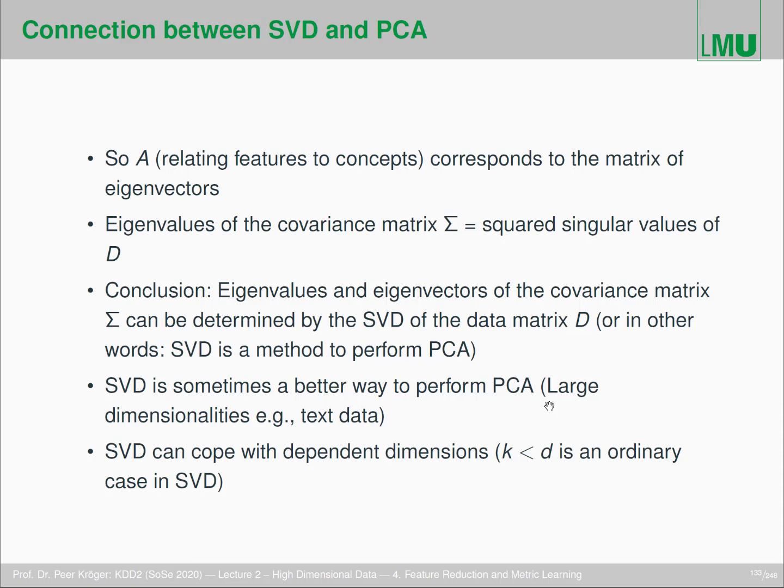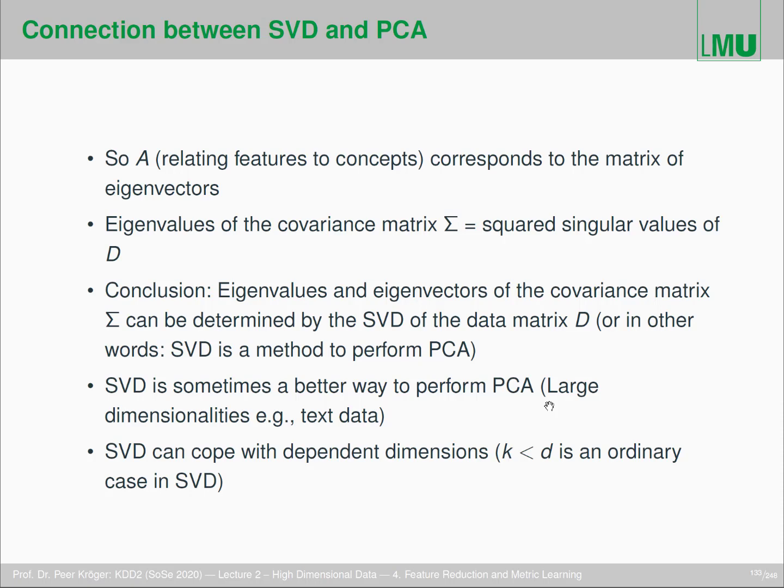For example, for text data with 10,000 or 20,000 dimensions, SVD is very often much more stable than PCA, because for PCA you have to compute the covariance matrix first, and that may give you a lot of numerical insecurities, inconsistencies, and so on. So SVD can be a better way to perform PCA here.